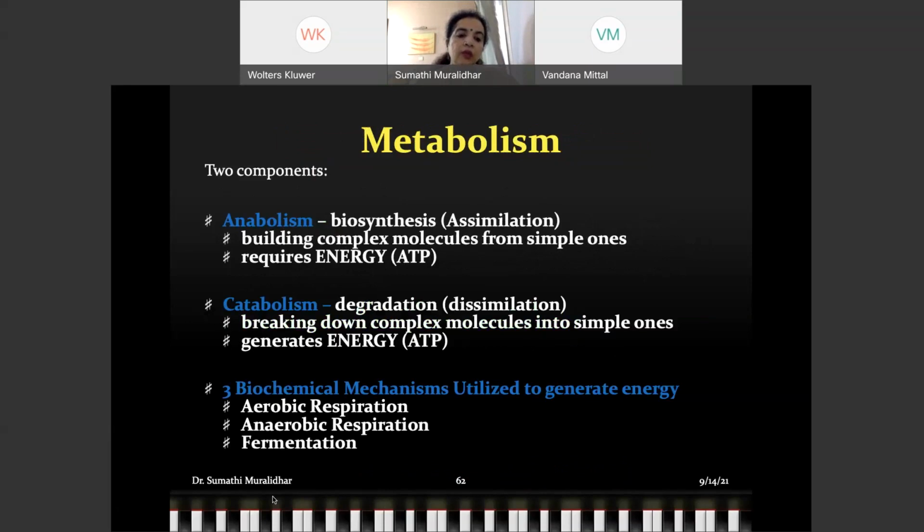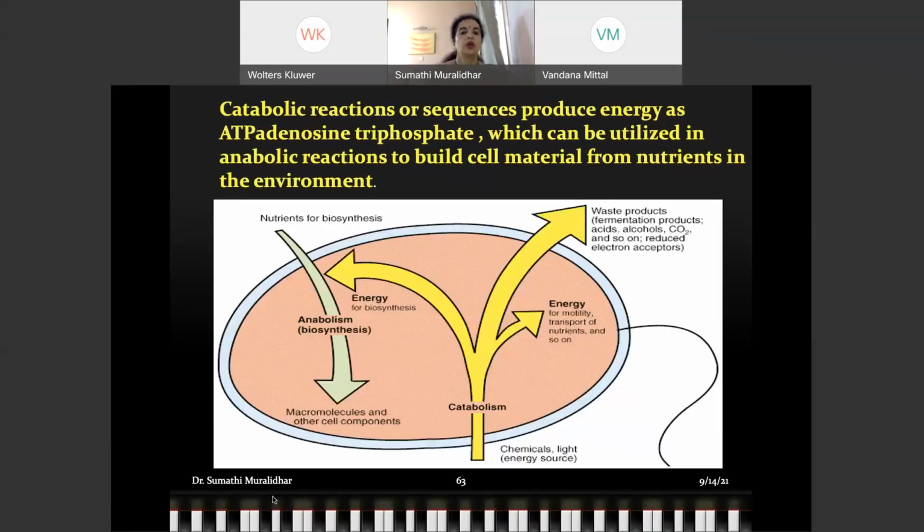That is by three biochemical mechanisms: aerobic respiration, anaerobic respiration, or fermentation. These are the three methods. So you cannot have anabolism happening without catabolism or vice versa. Both of them happen simultaneously in all of the cells. So you can see anabolism is using nutrients.